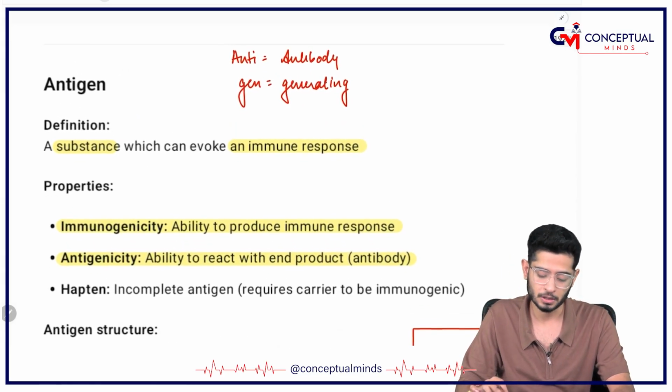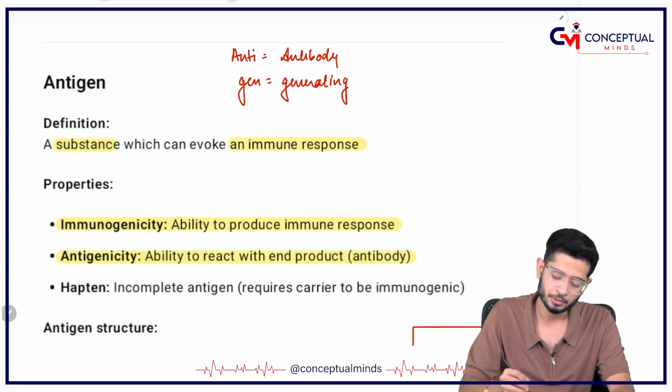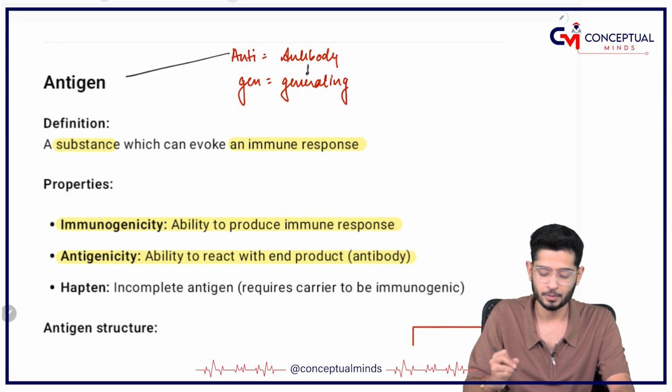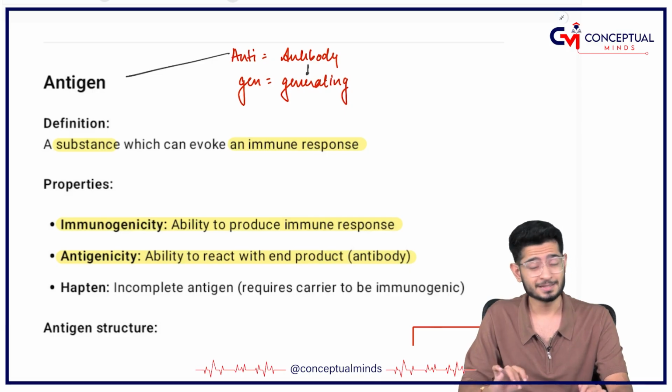Now I think you are confused in this, so it's my duty to clear the confusion. I told you that antigen means antibody generating, right? That's the basic understanding you have to take care of.